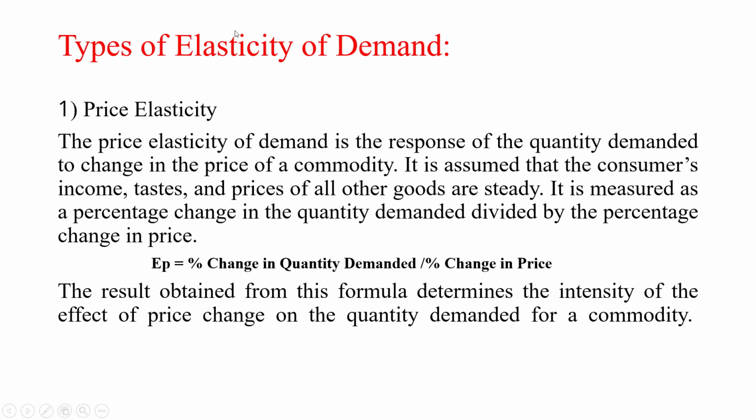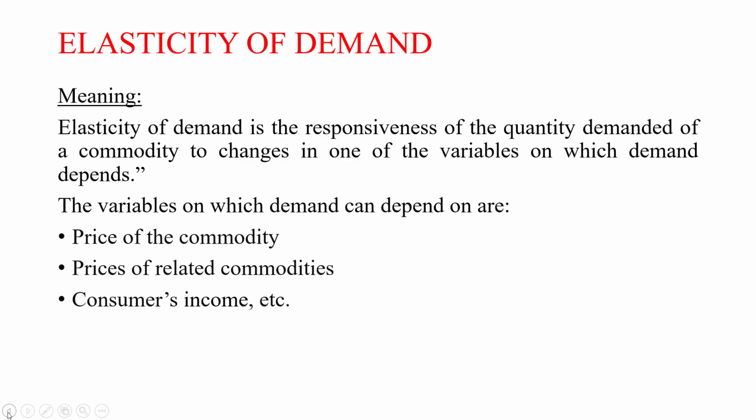Now let's see what the types of elasticity of demand are. These are the different variables which I have told you in the first slide. The variables on which demand can depend are the price of the commodity, the price of related commodities, and consumers' income. Now first is the price of the commodity.